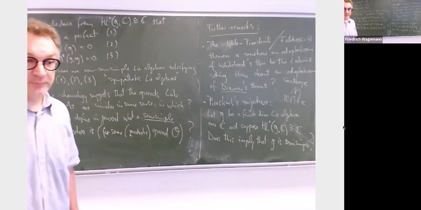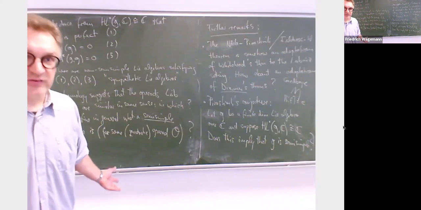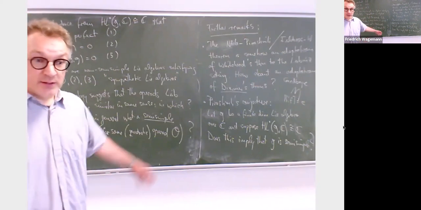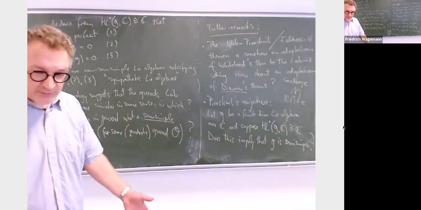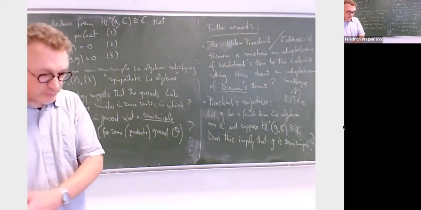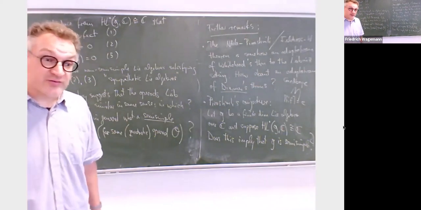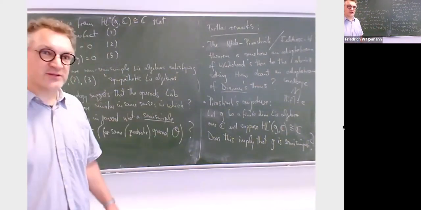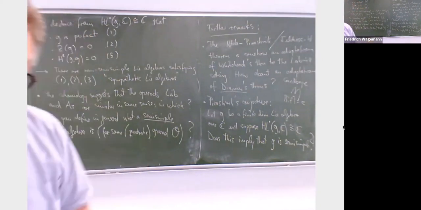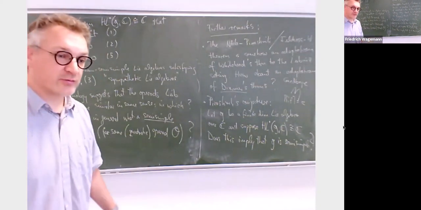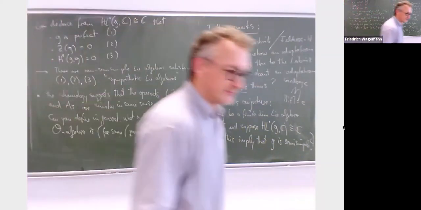So maybe this is a pattern: maybe Leibniz cohomology of nilpotent Lie algebras in the trivial module always gives infinite dimensional cohomology. So maybe I stop on this question. Thank you for your attention.